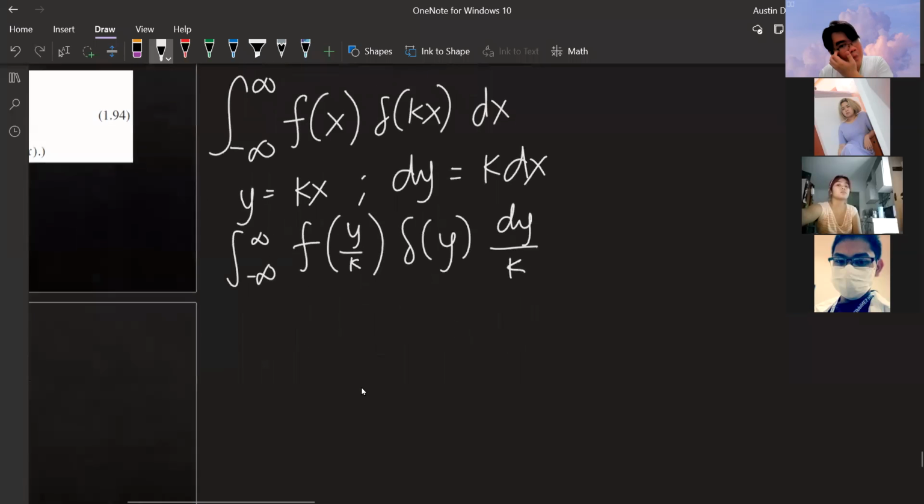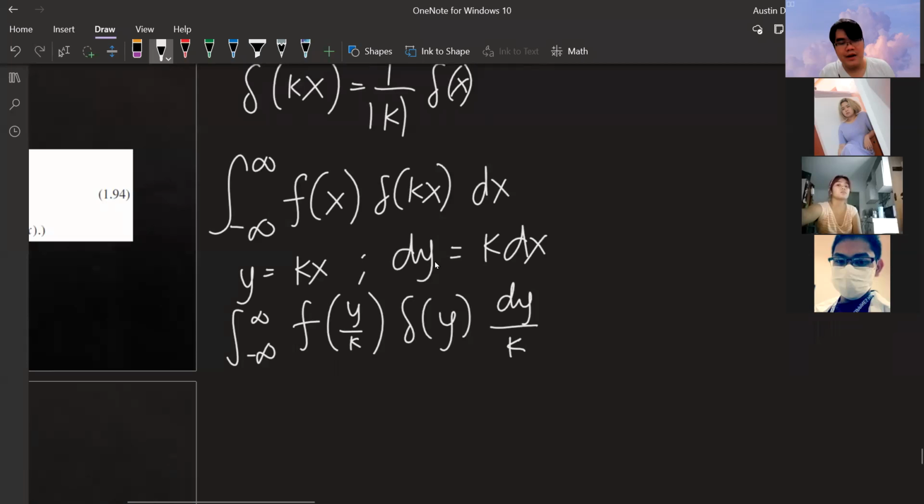However, mapapansin natin may unting complications tayo na kapag, sir, paano pag positive si k? Paano pag negative si k? Okay, so pag positive si k, di ba yung dx natin runs from negative infinity to infinity. However, if we have k as something that is negative in value, magsuswitch ngayon si y mo. Nagets ba yun?